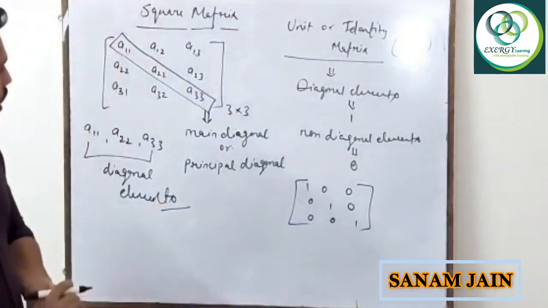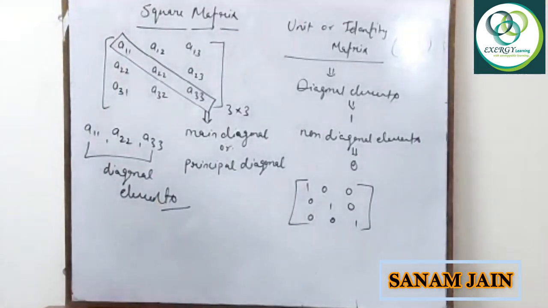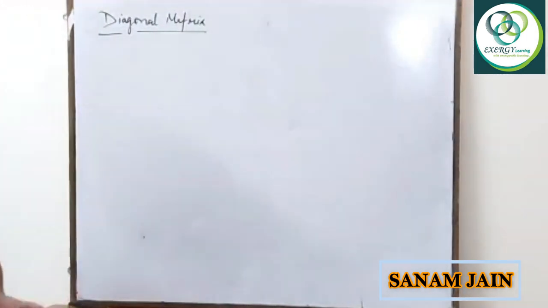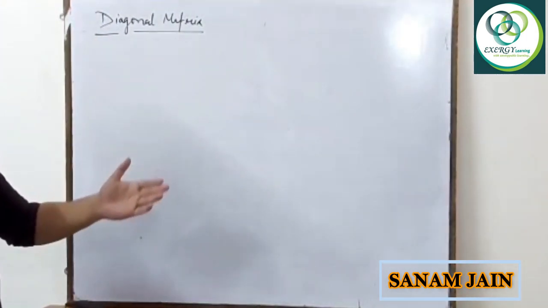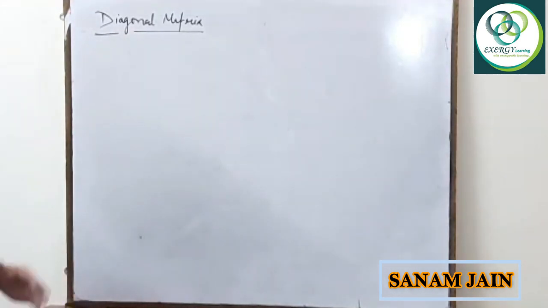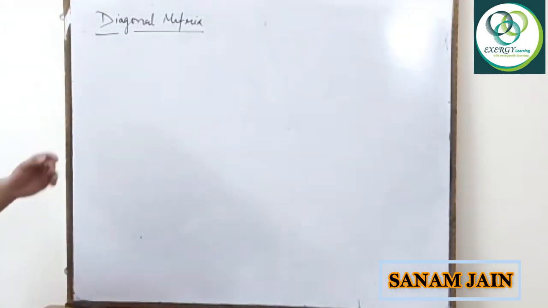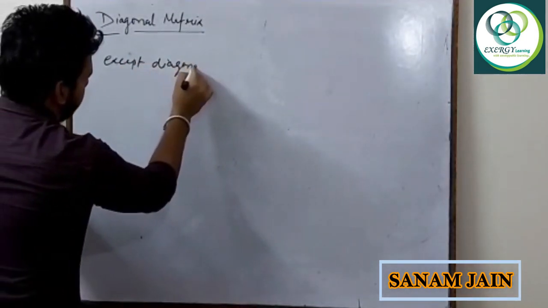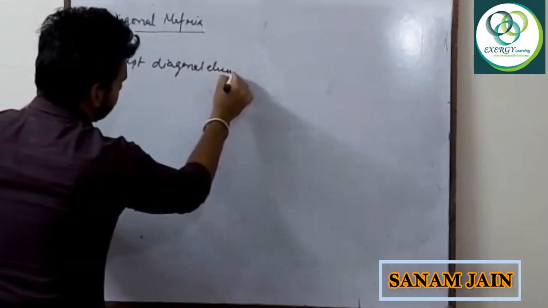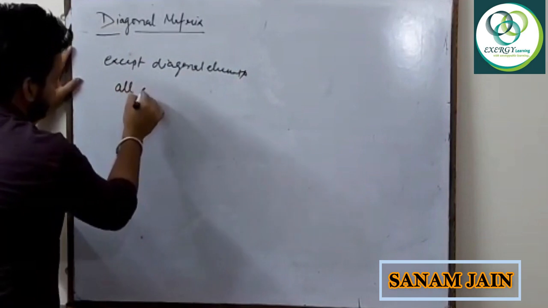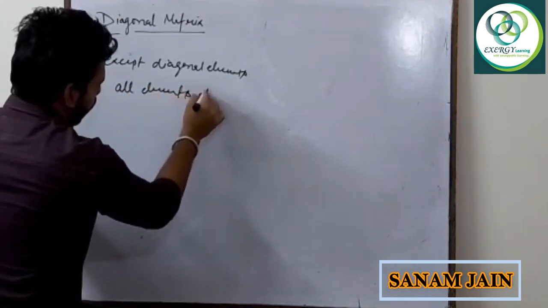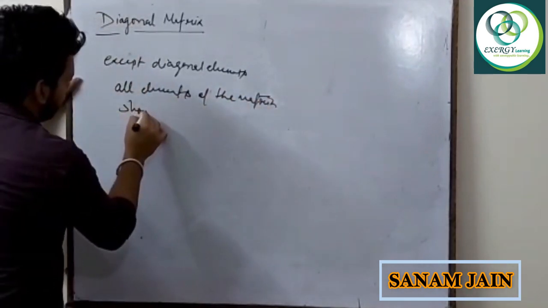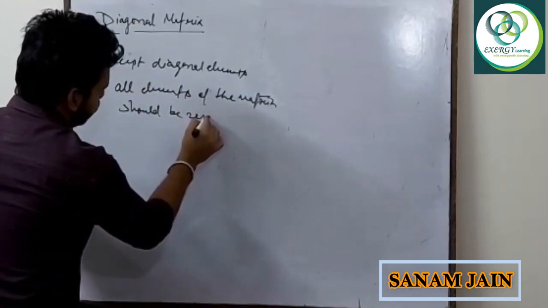The next one is the diagonal matrix. Now we are talking about the second type of square matrix, the diagonal matrix. Except for the diagonal elements, all elements of the matrix should be 0.